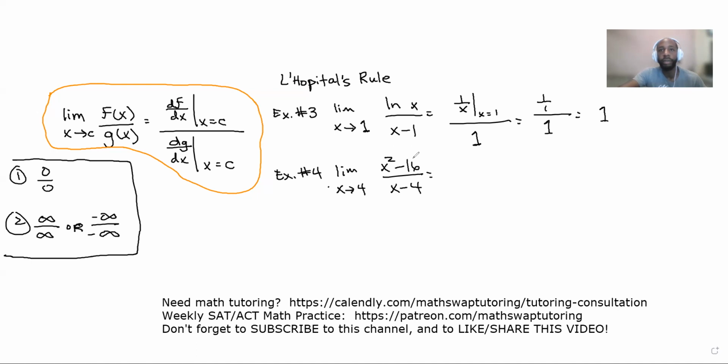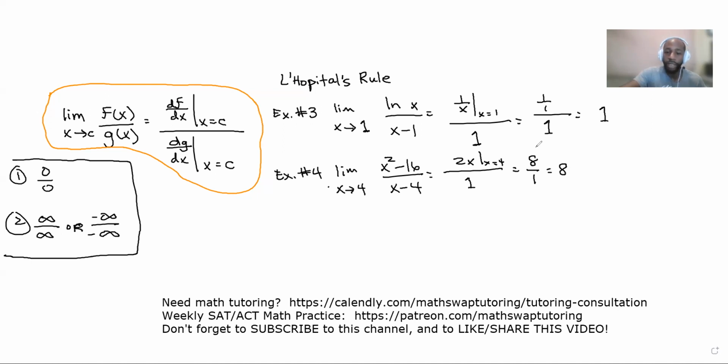The derivative up top is just going to be 2x. The derivative of the bottom is going to be 1. Remember, this is going to be 2x at x equals 4.